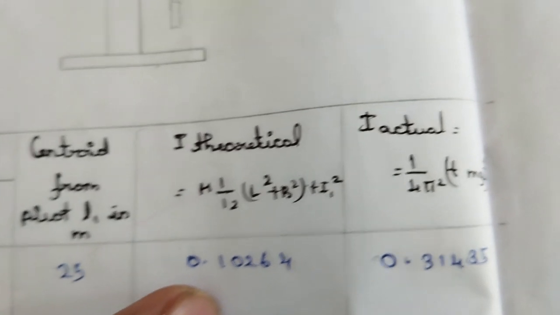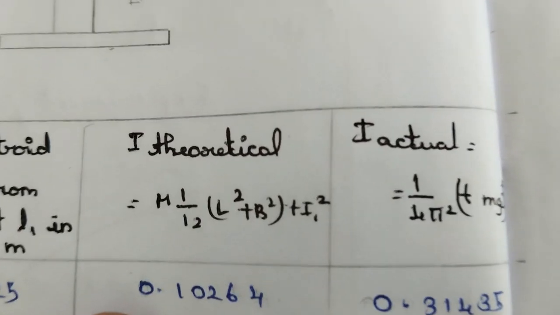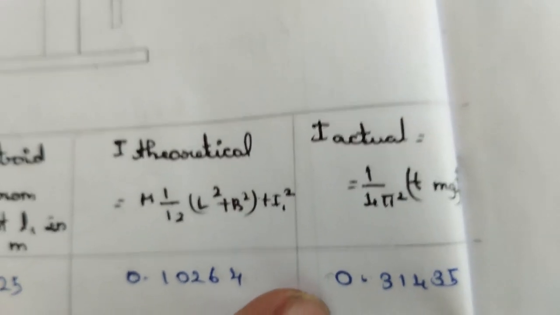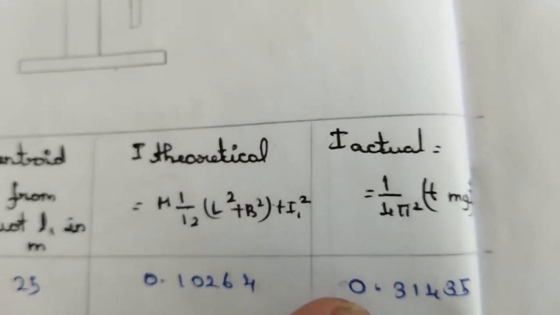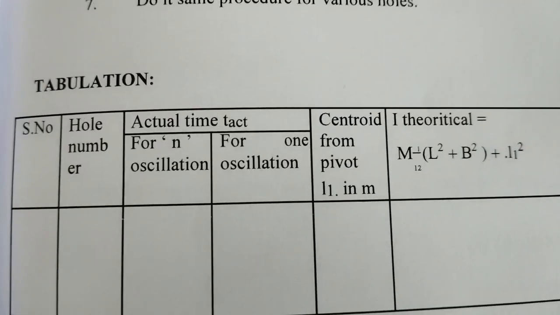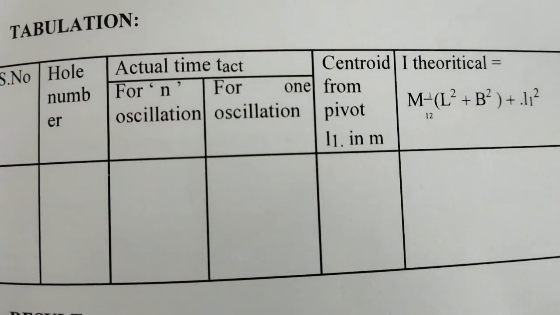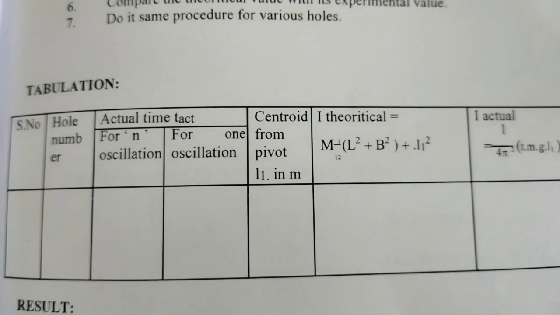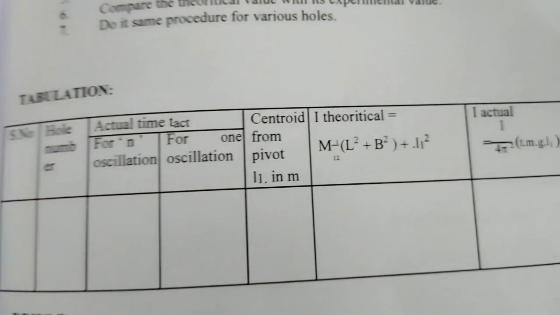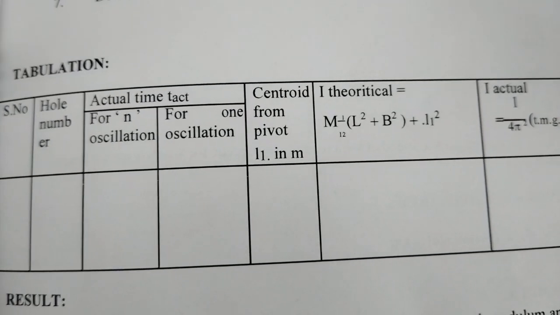The I theoretical we got is 0.102 kilogram meter square, and the I actual is 0.31435 kilogram meter square. So we did one trial to find the moment of inertia, actual and theoretical. We followed the same procedure for five trials, and finally we got the comparison between the moment of inertia I actual and I theoretical.